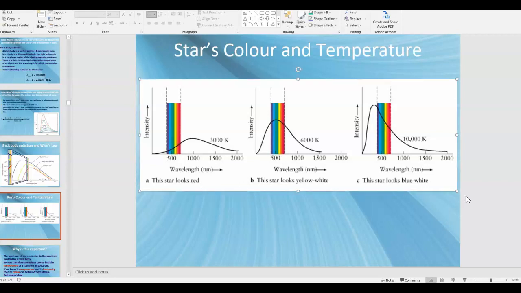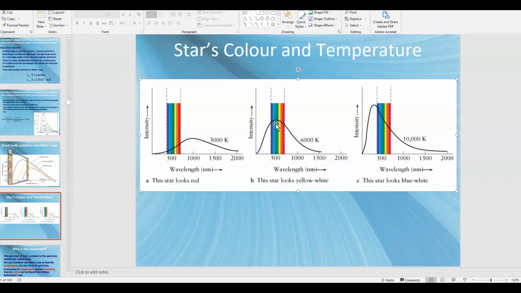I was also going to point out one reason why we don't have green stars, for example. Let's say the peak was in the green part of the spectrum. Just because the peak is in the green part of the spectrum doesn't mean the star looks green, because if the peak is in the middle, that means all of the visible light is included. And if you put all visible light together, you actually get white light.